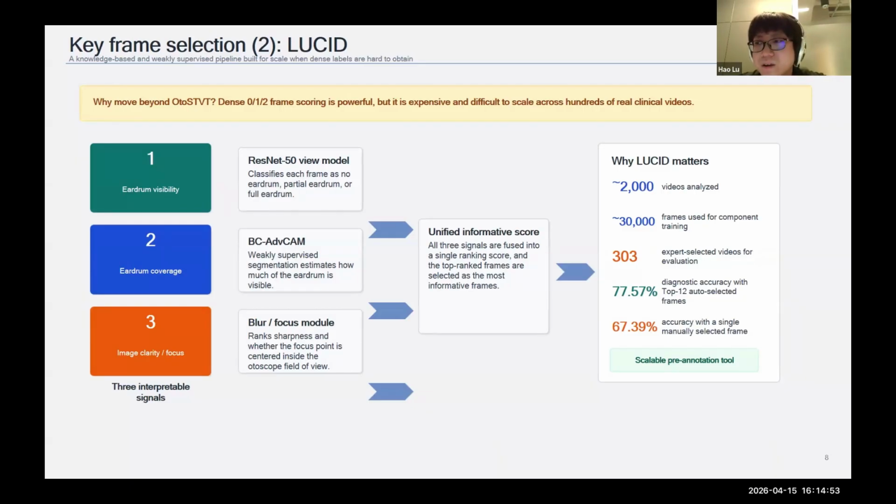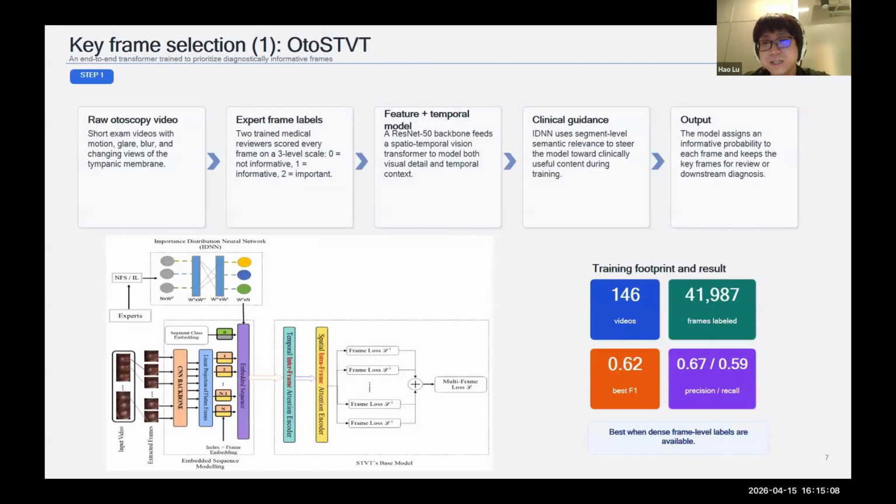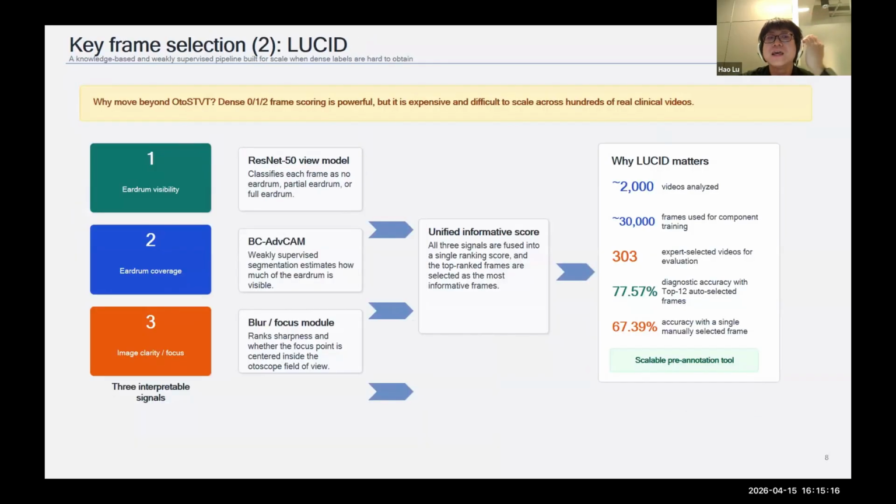And we rethink what caused the problem, and we find the main problem is we don't have enough labels to label all the videos. As I mentioned, we only labeled 146 videos. It actually takes us more than 5 months. So in this case, we take a step back and say, what about we use a kind of traditional, knowledge-based method.